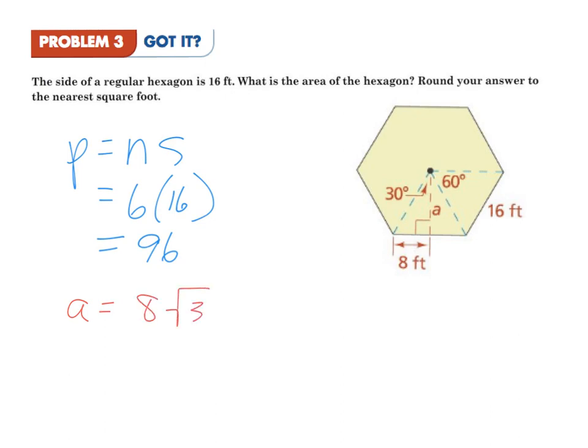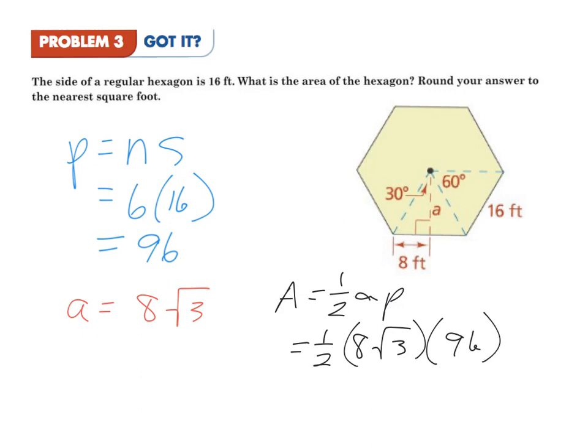So let's plug that into our formula for finding the area. Area equals 1/2 of the apothem, which is 8 times the square root of 3, times the perimeter, which is 96. If we do the math, it's 665.107, and they want it to the nearest foot, so it's about 665 feet squared.